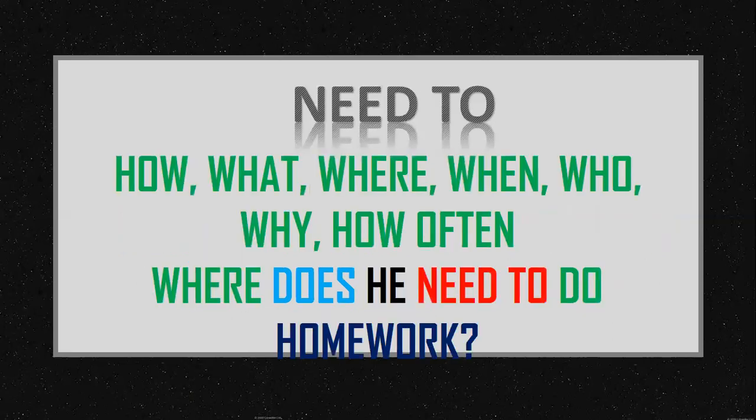Let's remember the WH questions. Remember that we have the yes/no questions and the WH questions. When we have the WH questions, first we are going to be using the WH question word like how, what, where, when, who, why, how often, etc. And then we have the auxiliary, subject, need to or have to, verb, plus the complement and the question mark.